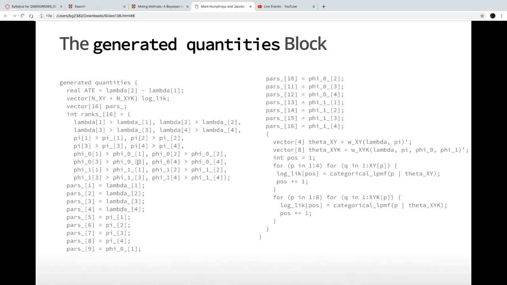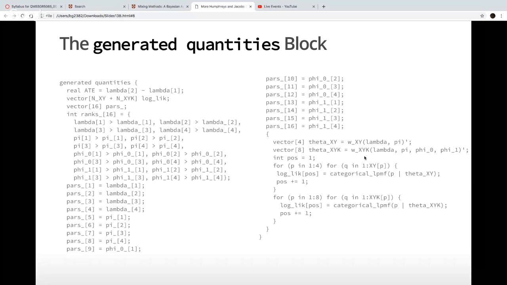The rest of this is just filling in all those vectors, and then in these blocks over here, evaluating the categorical likelihood for each observation, or the likelihood contribution from each observation to the parameters. And then if I have that, when I call loo, or it's called internally, I can evaluate the Pareto k statistics.